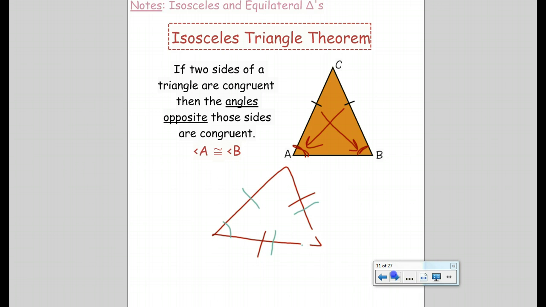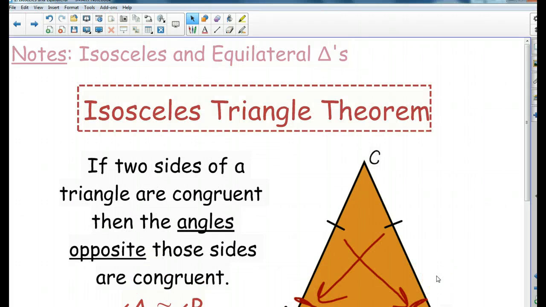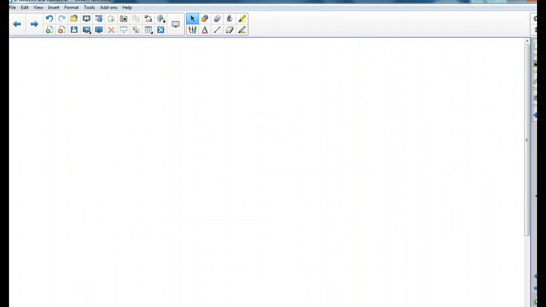This is my leg and this is my leg. The ones that are congruent are the ones across from the leg. So where would the other arc go? Yep. Okay, thank you. It's not always the 2 that are on the bottom. It's the 2 that are across from the tick marks. Let's do another one.